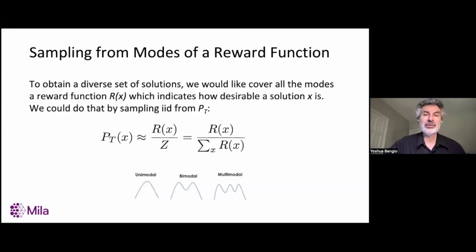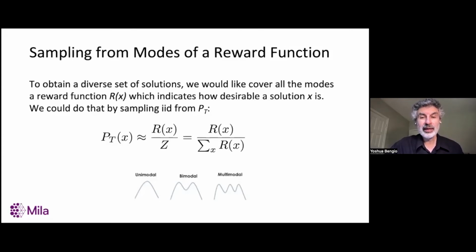Well, it turns out that there's a simple trick that will roughly give us the modes. And that is if we were able to construct a policy or a generative model that would sample IID from the distribution that I call P_T here, that is proportional to that reward function.